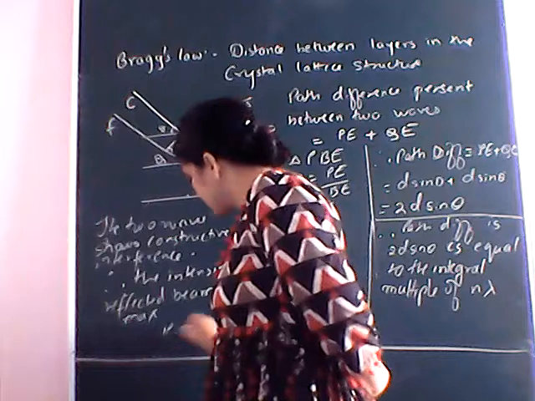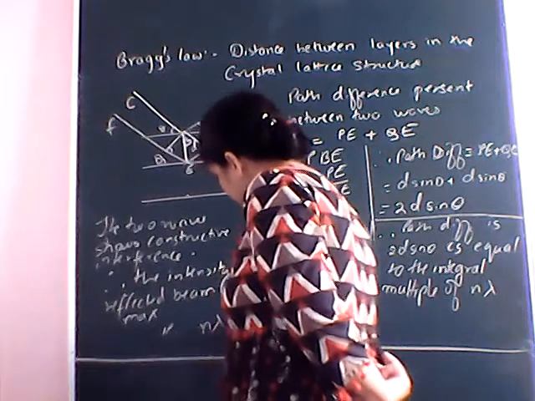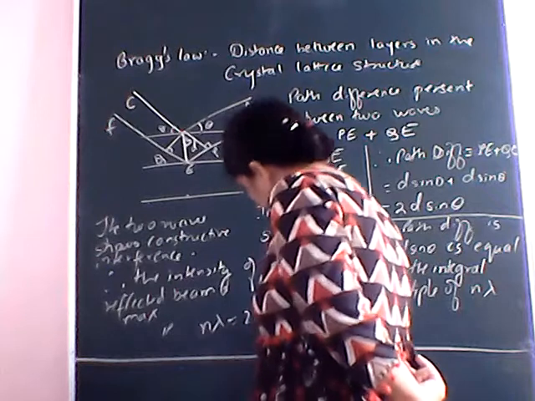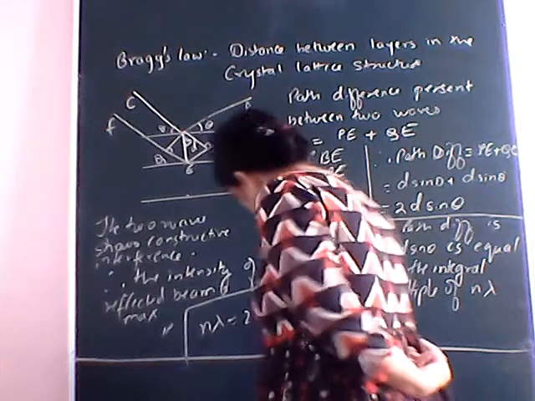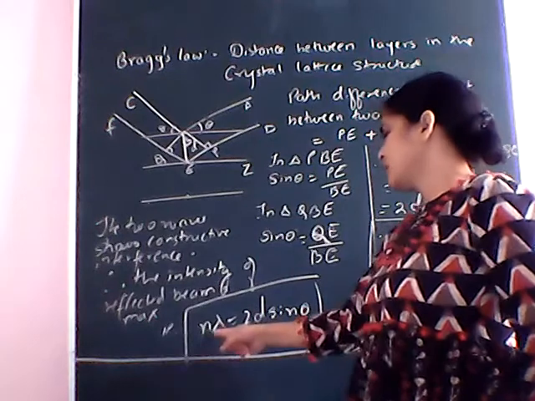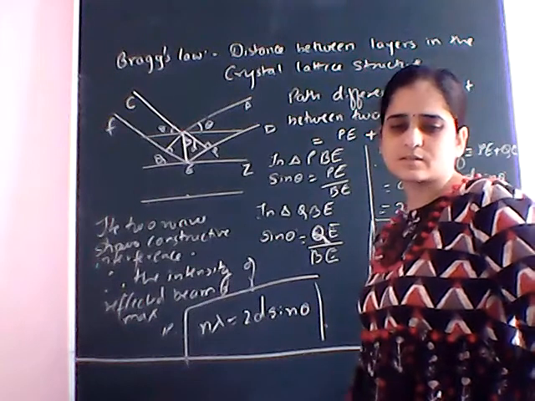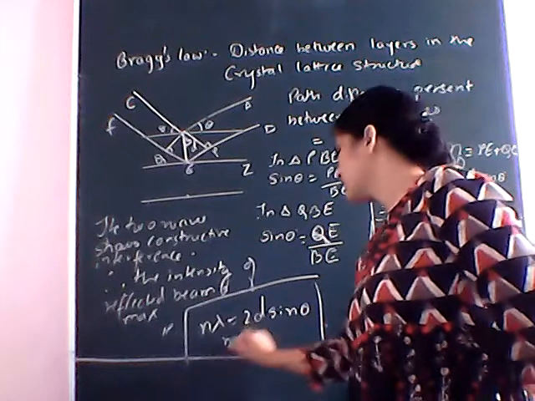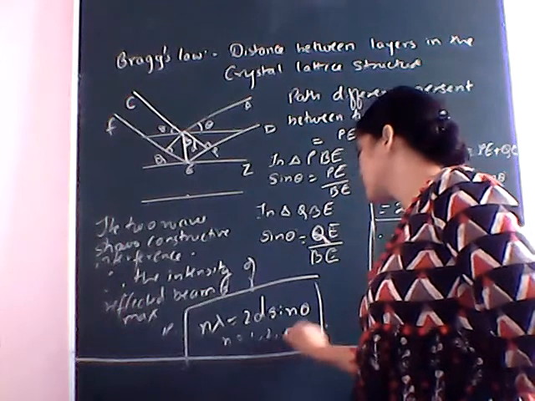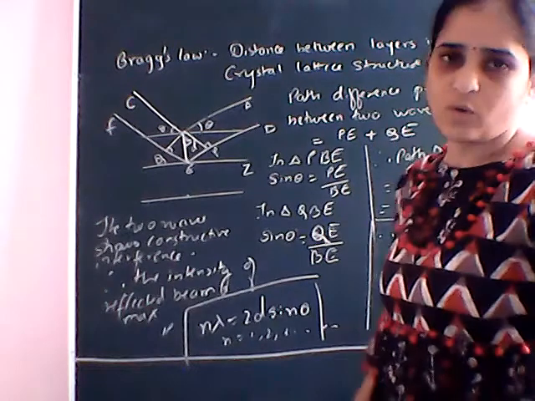That is, n lambda is equal to 2d sin theta. Here lambda represents the wavelength, d stands for the distance, and n is equal to 1, 2, 3 and so on, etc. So this is your Bragg's law.